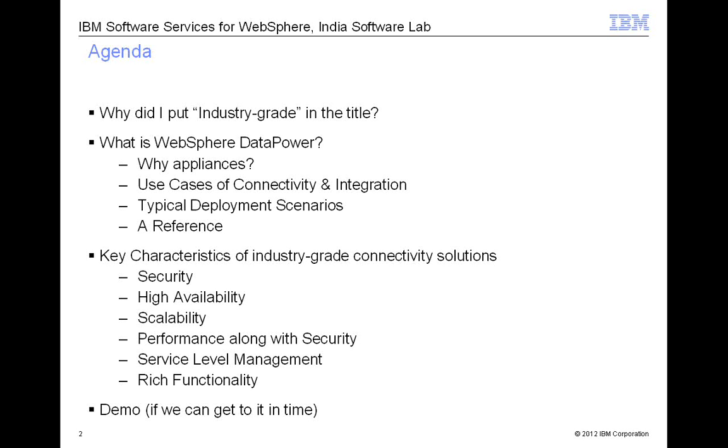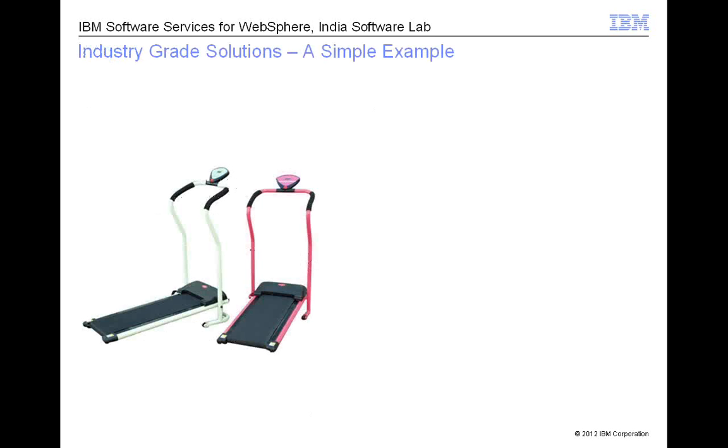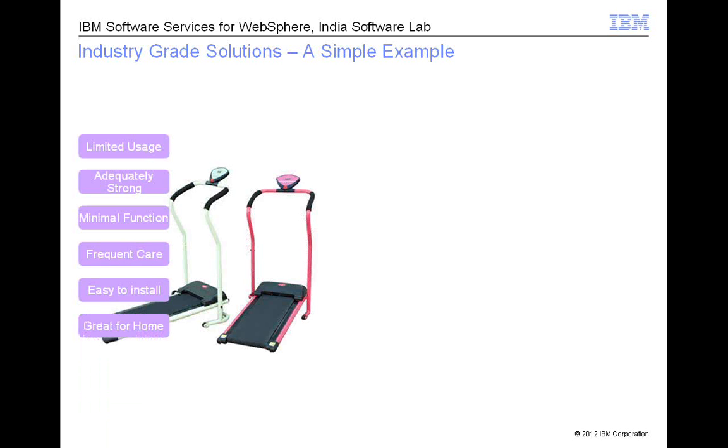All right. So let me begin with this cool term that I thought called industry grade. What you see on the left is a picture of a good-looking treadmill. Just by looking at the picture, if I were to describe the kind of features or requirements one would need to build a treadmill like this, it certainly looks like an adequately strong piece of equipment.